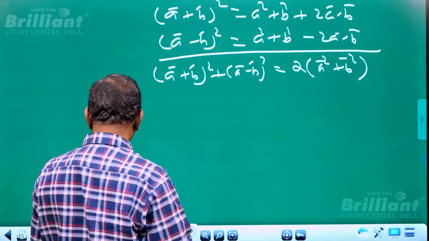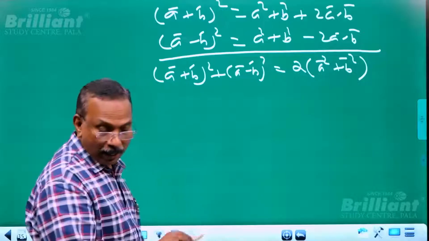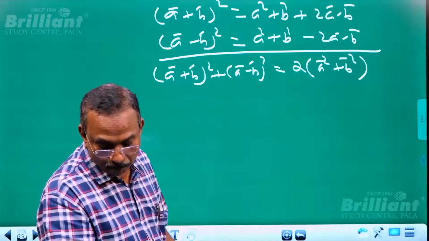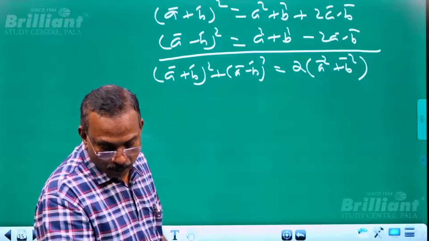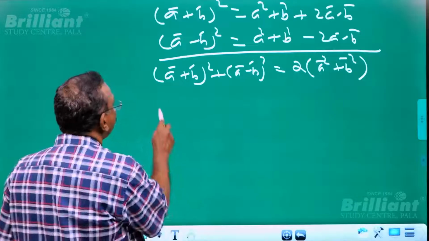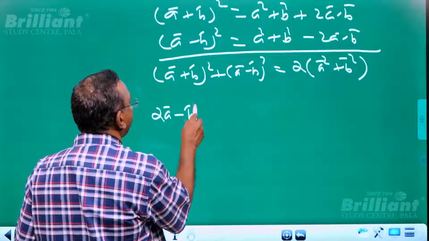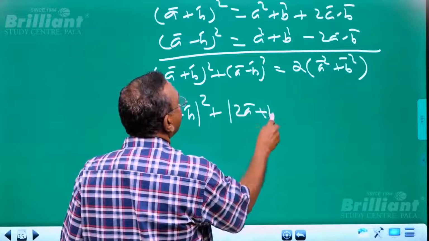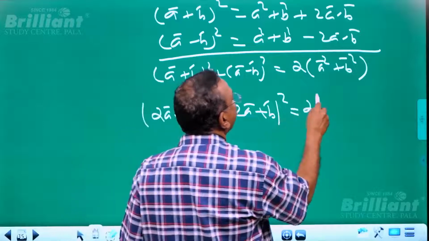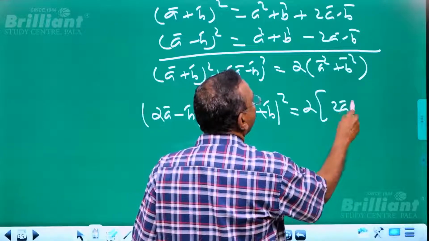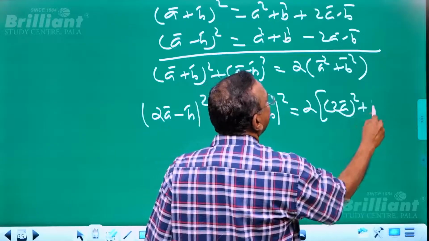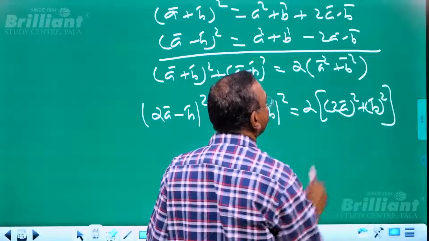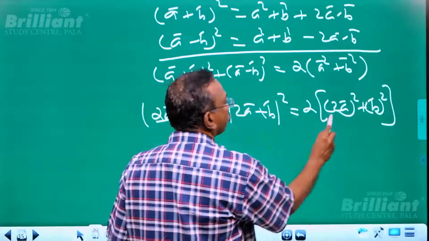Now our exact problem is given to you as mod 2 a bar minus b bar is 5. So 2 a bar minus b bar the whole square plus 2 a bar plus b bar the whole square is equal to 2 times 2 a bar the whole square plus b bar the whole square. Here it is 2 a bar, here also 2 a bar.